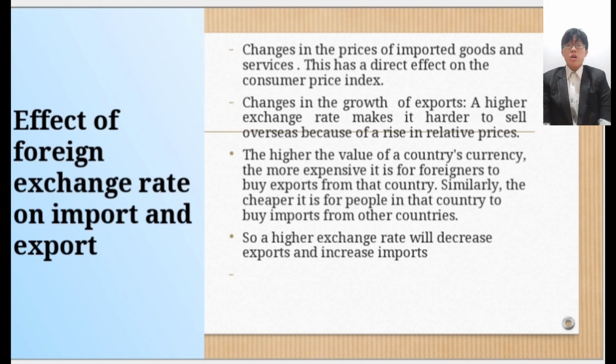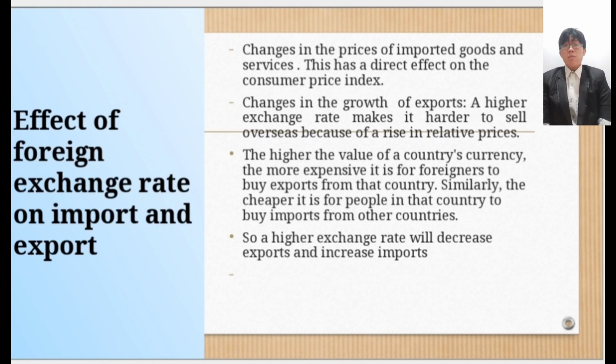Appreciation of the exchange rate usually reduces the price of imported consumer goods, durable raw materials and capital goods. For example, when the value of the ringgit is weaker than another currency, the price of goods and services from another country will become high for Malaysian importers.